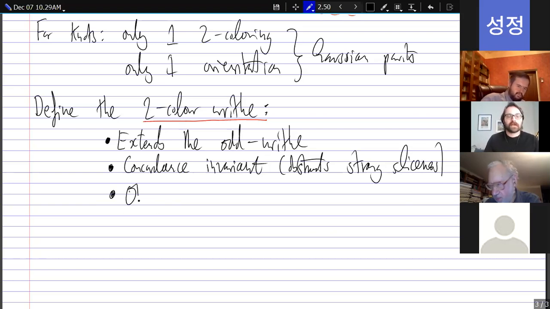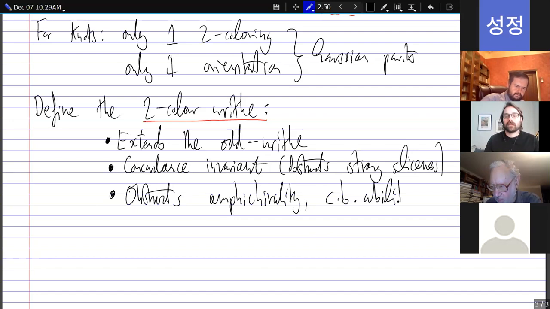It obstructs amphichirality and checkerboard colorability. And because it's a concordance invariant, it does these things within a concordance class. So it can be used to prove that your link is not concordant to an amphichiral link or to a checkerboard colorable link, for example. I'll show you an example of that shortly.